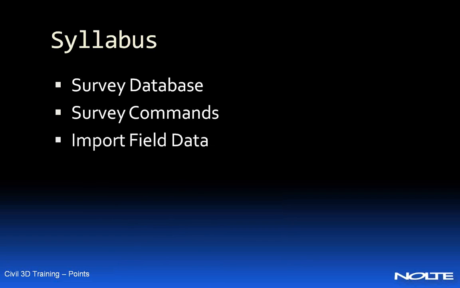We're then going to import our field data, which is a one-button push on the Trimble Link pull-down menu. It's hard to mess that one up, but we'll bring in the data, add it to a network in our survey database, and then show how to view and edit the fieldbook.